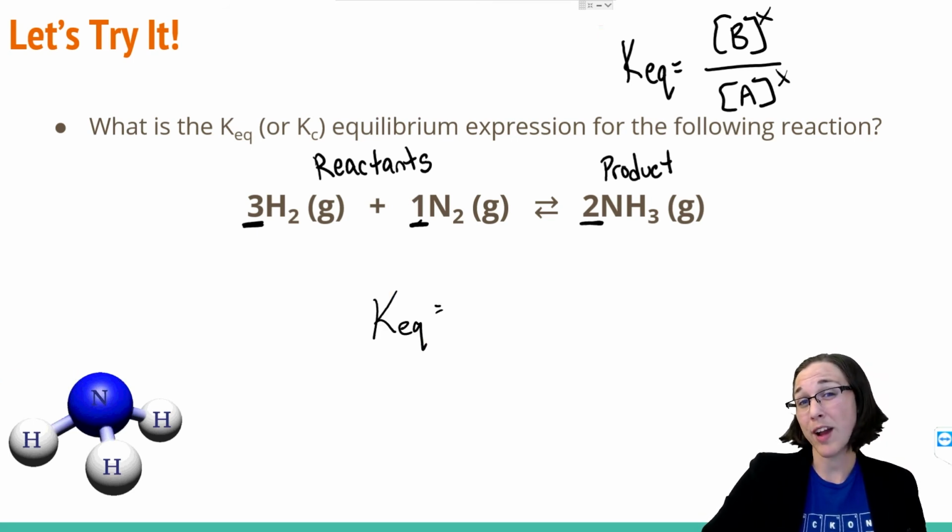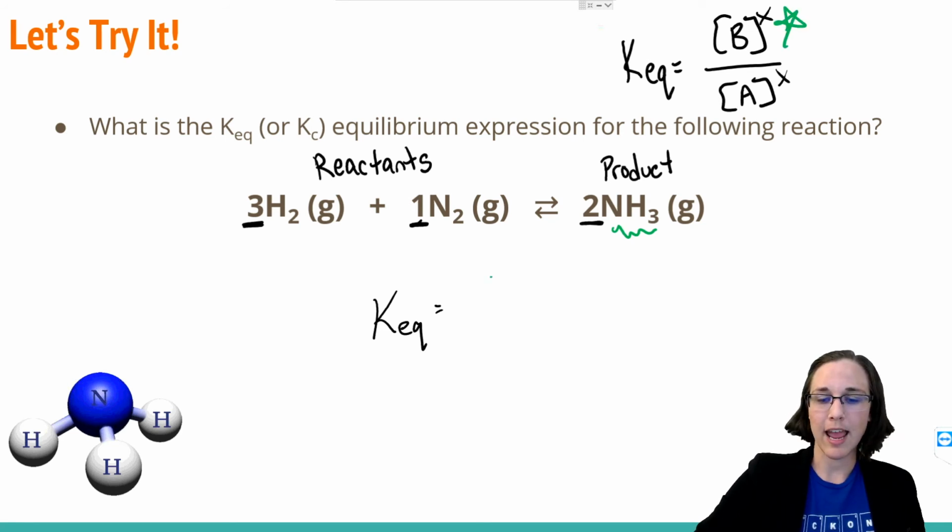If we were going to write the KEQ expression for this chemical equation, we have one product that we put in the numerator for our B. So we're going to write NH3 in brackets to symbolize concentration of ammonia, and we're going to take this 2 and put it as our exponent in the upper right-hand corner.